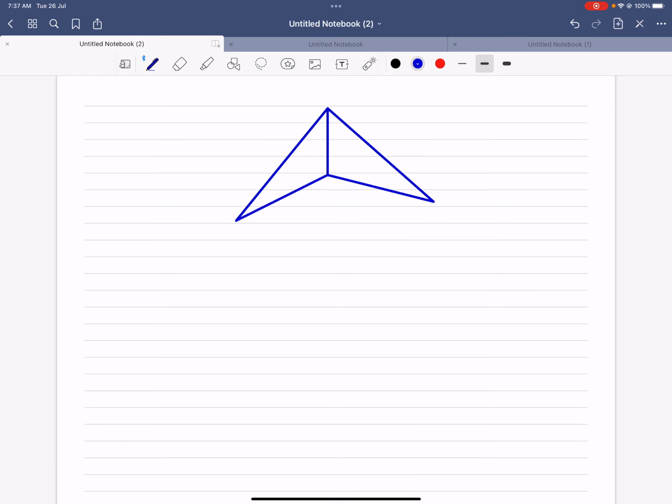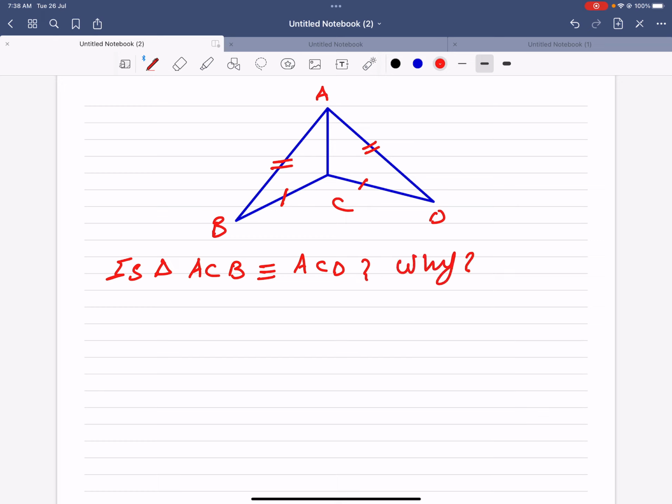A B C D. ممكن يجي يقول لك is the triangle ACB congruent to the triangle ACD and why? لما يجي يسألك هل هم congruent ولا لأ and why, so you have to show the reason or you have to tell him about the reason. يبقى حضرتك لازم تذكر السبب.